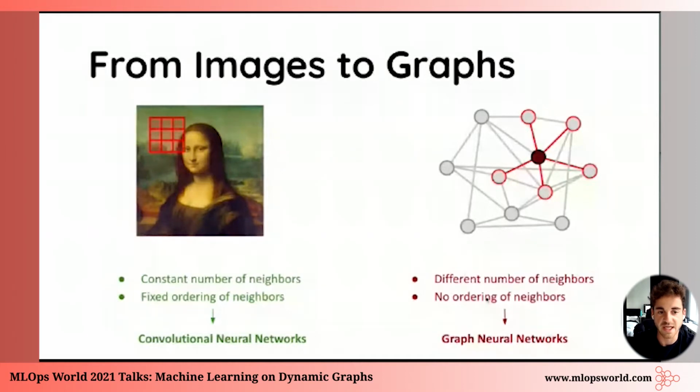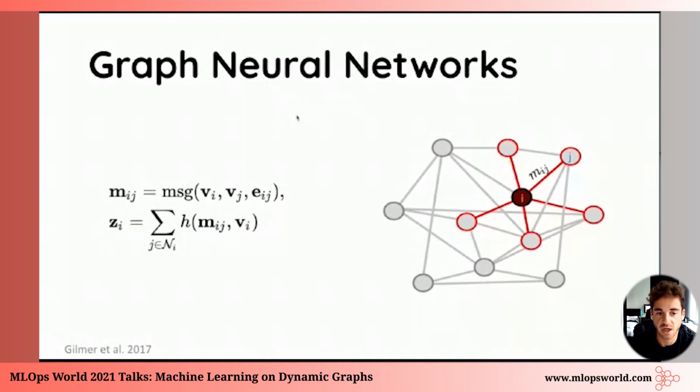So this is basically how graph neural networks were born. There are many ways of approaching them and explaining them.